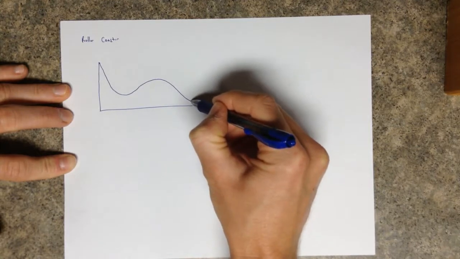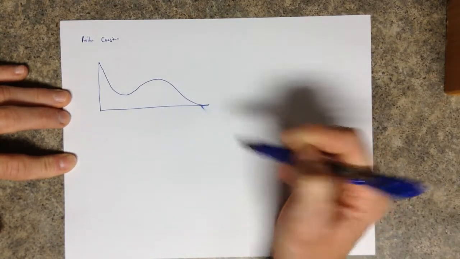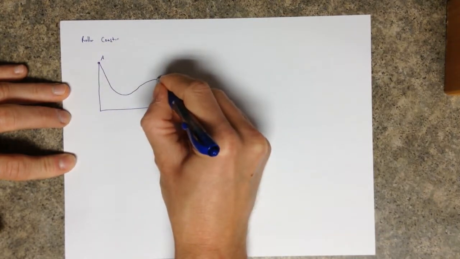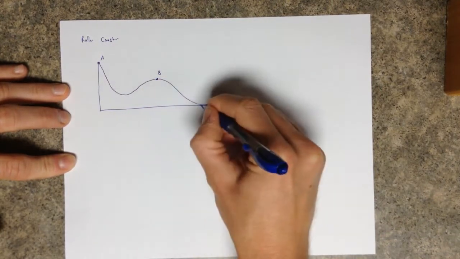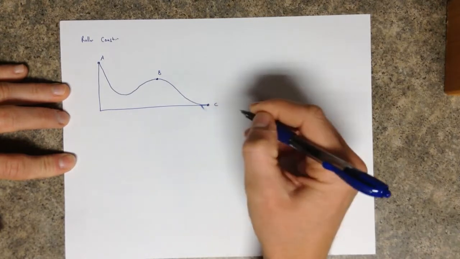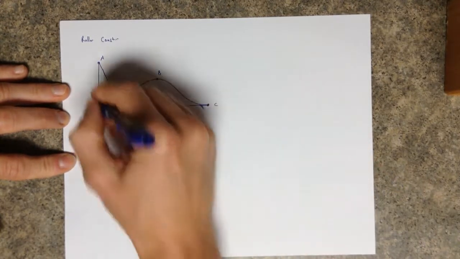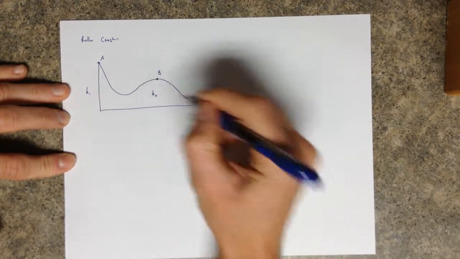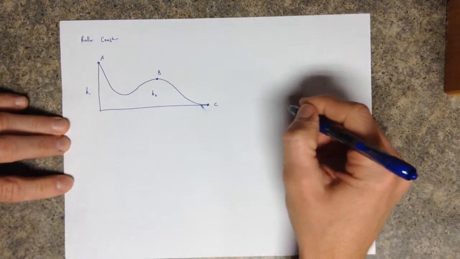And then let's say it just goes down to 0. Okay? So let's call this point A, point B, and at the end, point C. Okay? So let's say this is h1 and h2. Okay? So we want to find all these things.